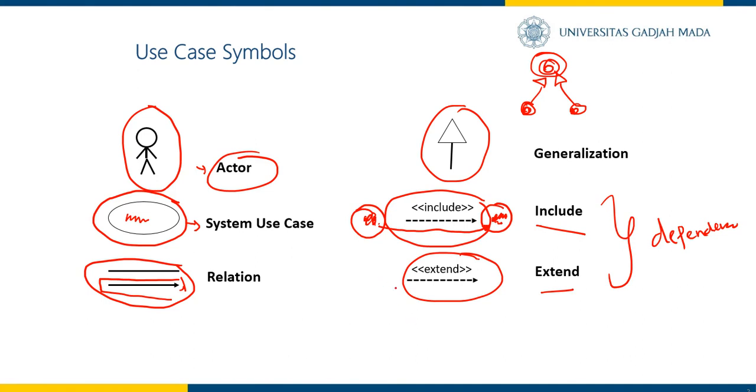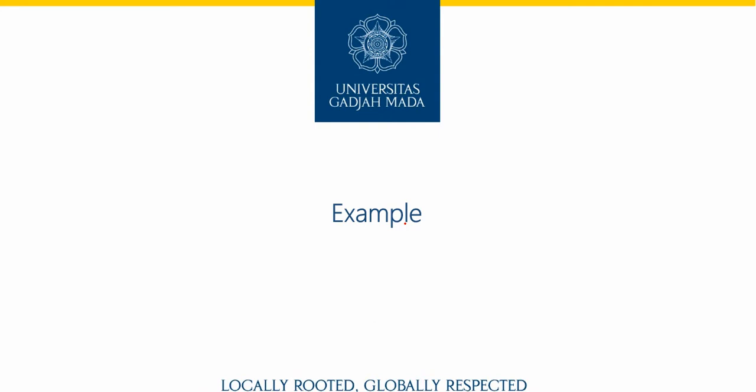If you have an activity here, and it extends this activity, it means that it optionally happens when you execute this activity. For example, if you open a file by typing its name, and then you mistype the name, and you can't find the proper or correct file, then it will be handled by this extension.